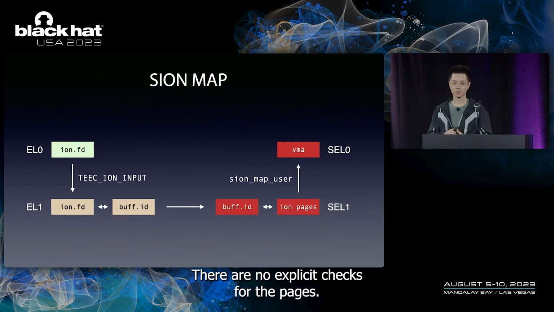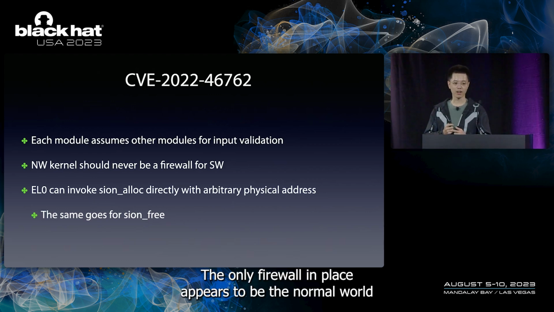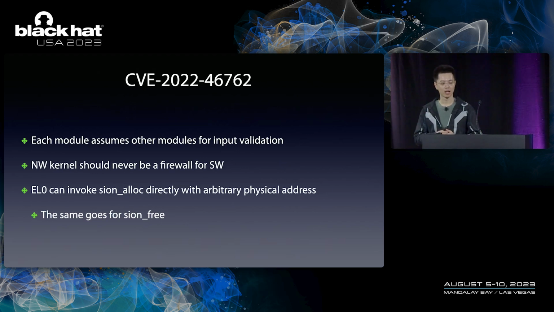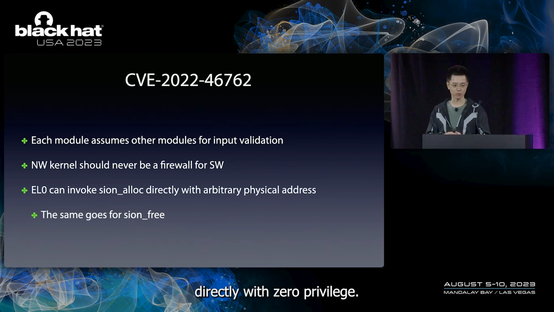There are no explicit checks for the pages' address. The only firewall in place appears to be the normal world kernel, as the allocated pages should fall within the range of the ION pool. However, the SLN interfaces can be invoked directly with EL0 privilege.